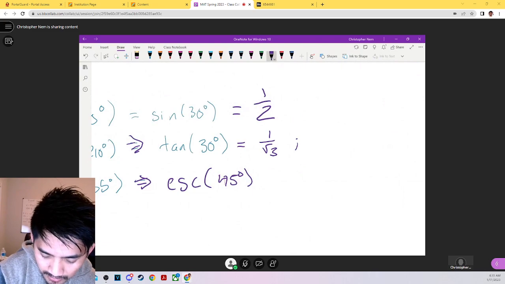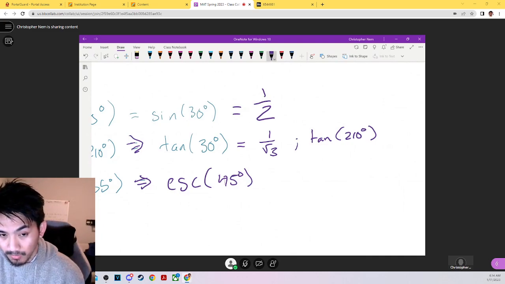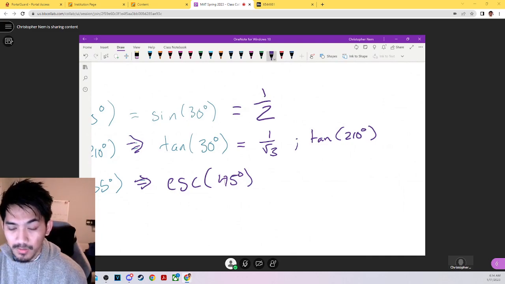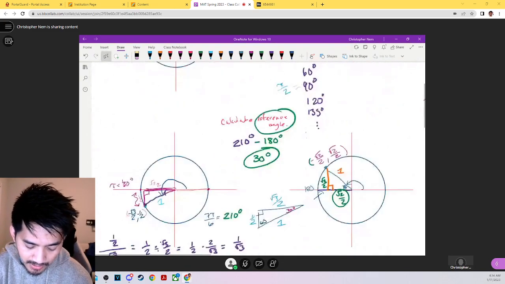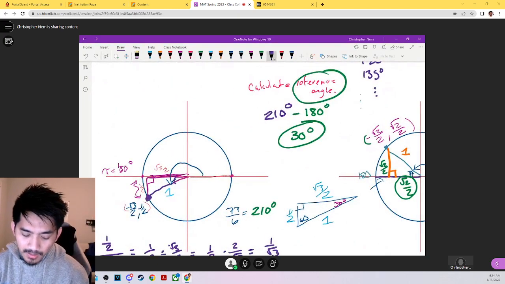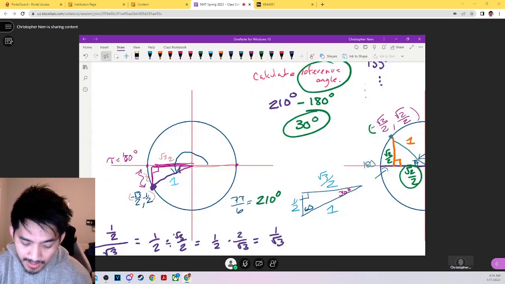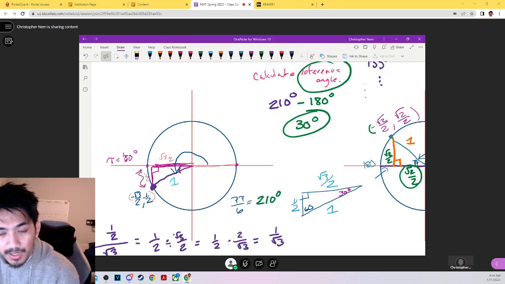So tangent of 210 degrees, it is not 1 over square root 3. We also have to check the signs at times. So remember, tangent is opposite over adjacent, but you're in this quadrant over here. Now, if you look at this quadrant, tangent, you can think of it as sine over cosine.